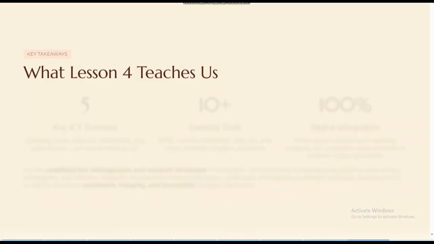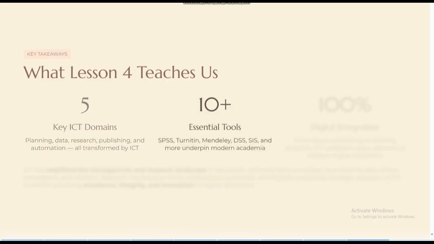So at this point, what do we gain from this lesson? This is lesson 4. First, we've seen 5 key ICT domains as they concern administration and research, which are planning, data research, publishing, and automation, all transformed by ICTs.